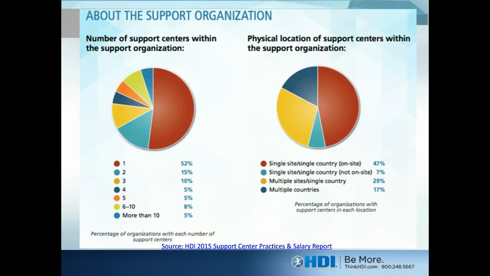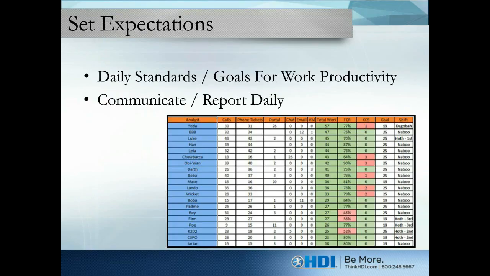So the first thing I want to bring up, which applies whether you have a distributed workforce or whether they all sit right outside your work area, is to set expectations. Whether you're doing widget support or projects, I have found that when you set the standards, the goals, and what's expected of you every day, things operate a lot better.